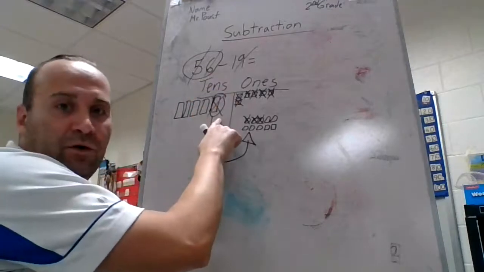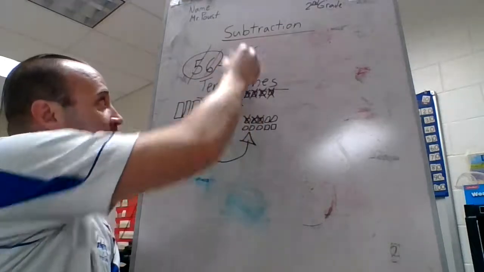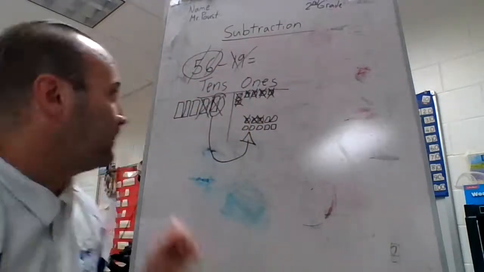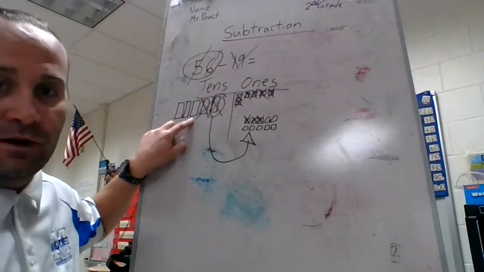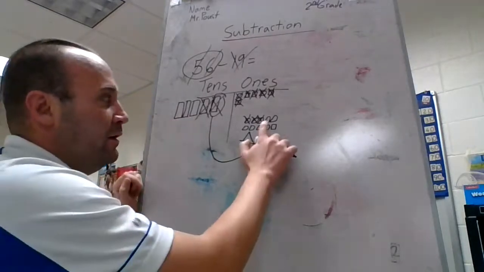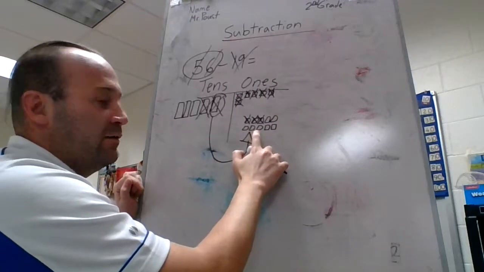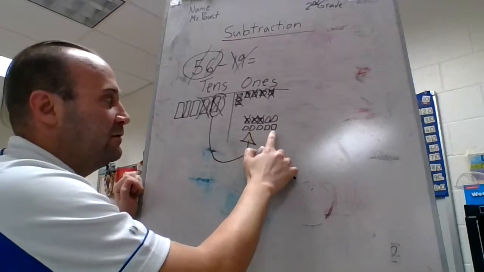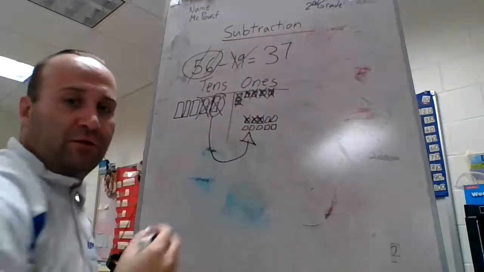We already decomposed this 10, so let me take this one away. And then I cross out the 1. And then from here, we're just going to count. 10, 20, 30, 31, 32, 33, 34, 35, 36, 37. So 56 minus 19 equals 37.